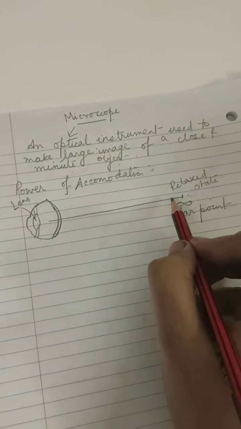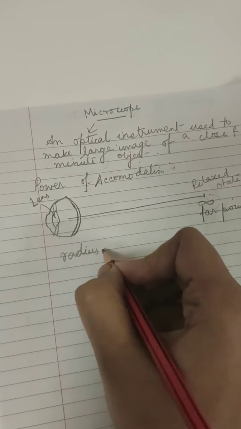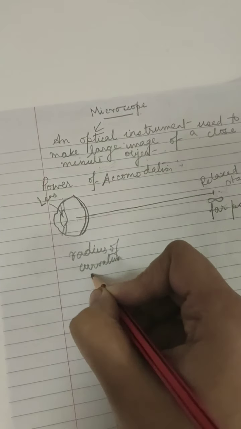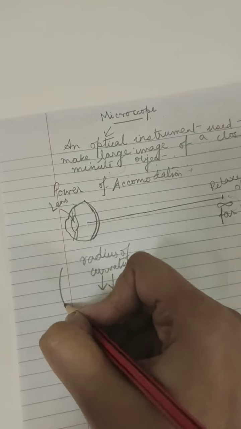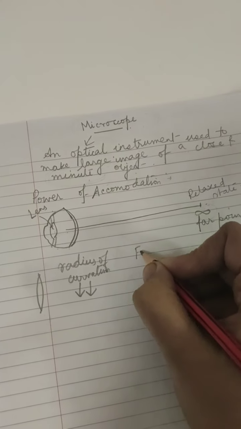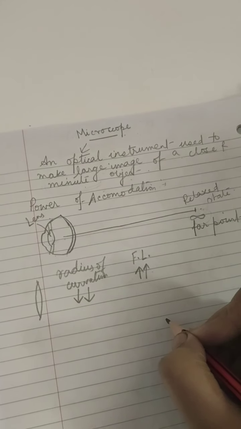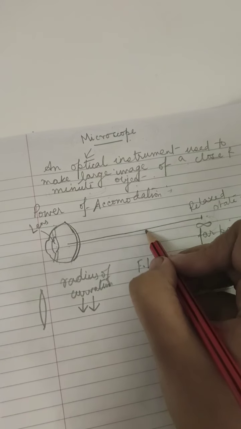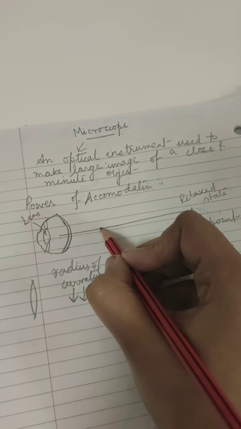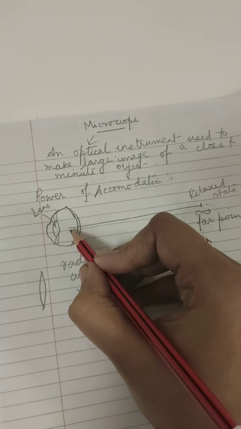Now, when your eye is in the relaxed state, the radius of curvature of the lens is minimum. The lens becomes thinner. The radius of curvature of the lens is minimum, and the focal length is maximum. Now if you bring the object closer and closer to the eye, you will find that strain or tension is developing in the muscles of your eye.